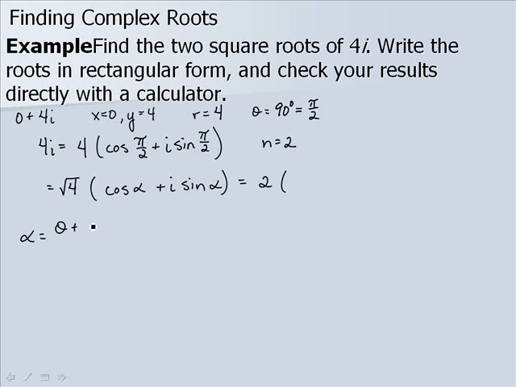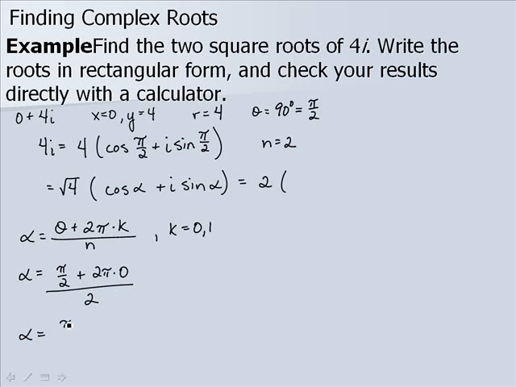Remember, alpha is theta plus, in this case we're using radians, so we have 2 pi times k over n, and k will take on the values 0 and 1, since we go up to 1 less than n. So alpha is theta, which is pi over 2, plus 2 pi times 0 over 2, and alpha is also pi over 2 plus 2 pi times 1 over 2.